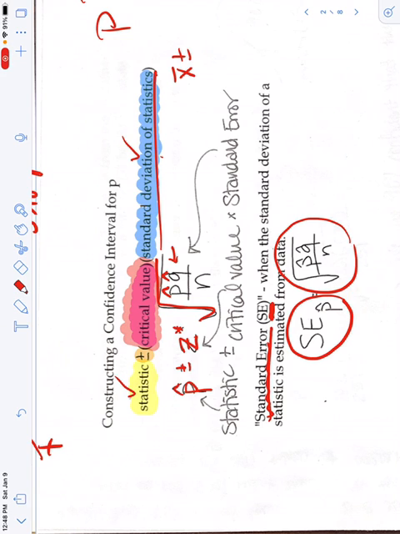Okay, so now that you know how to find that critical value and you know that your Z star already has a plus or minus on it, and that's where that comes from. Because I'm going to take my p-hat, my point estimate, and I'm going to add or subtract this group right here to it, and that's going to give me my interval. And p-hat sits right in the middle of that interval.